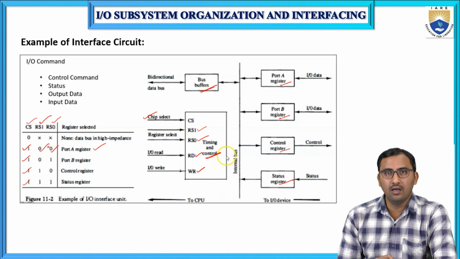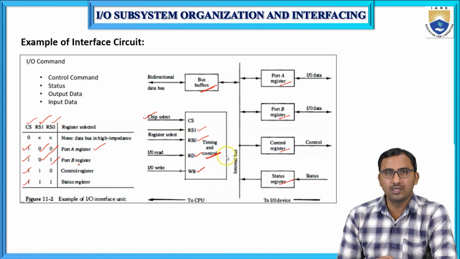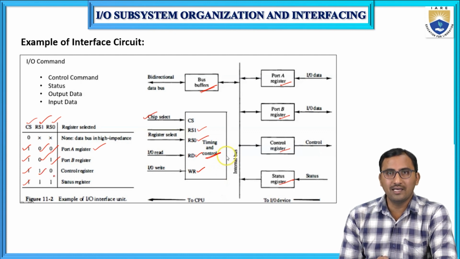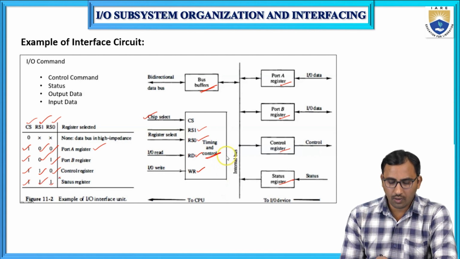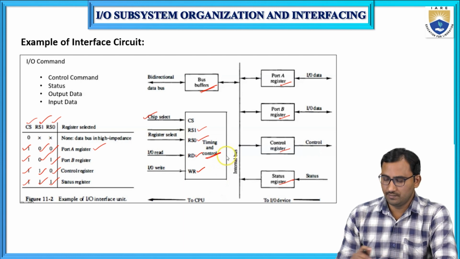To select register B, the register selection values are 0, 1. To select the control register, RS1 should be 1 and RS0 should be 0. Similarly, to select the status register, RS1 and RS0 both should be logic 1. So this is an example of the communication interface.